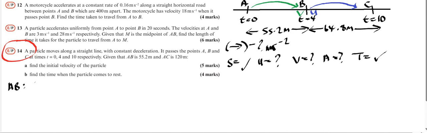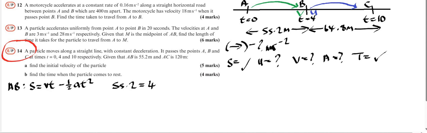From A to B, I'm going to use s equals vt minus half at squared, because I know the displacement and I know the time. So let's substitute: 55.2 is my displacement, and the time is 4 seconds.